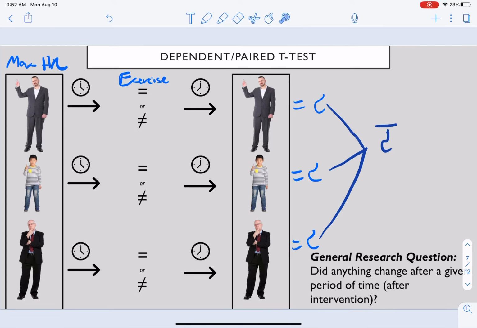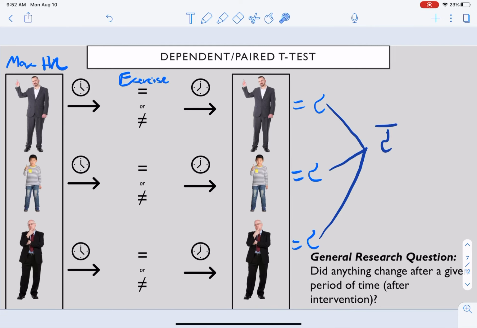So then we find our D bar, or it's given to you, and then you do a paired t-test, and only a paired t-test. Now, I remember I taught y'all how you can kind of cheese a one-sample t-test out of this, but it's doing the same thing, effectively. But in this situation, we're doing a paired t-test, and then that's that.